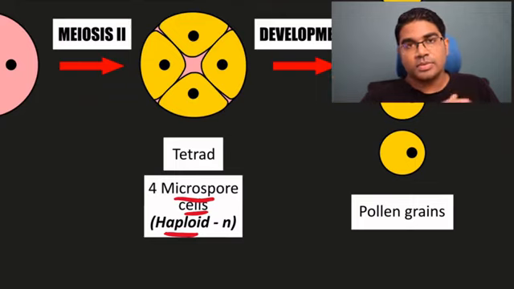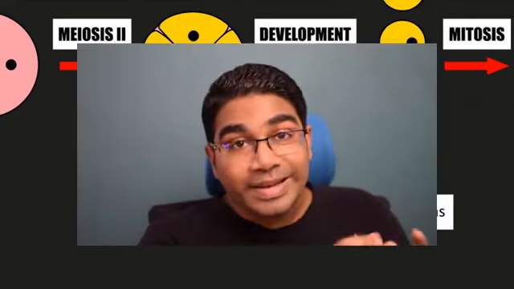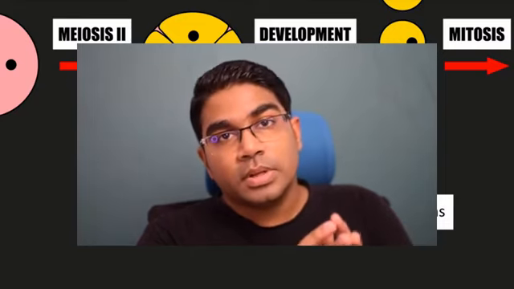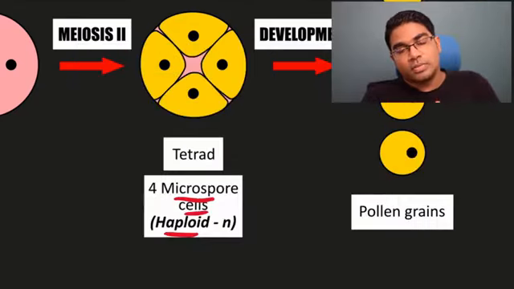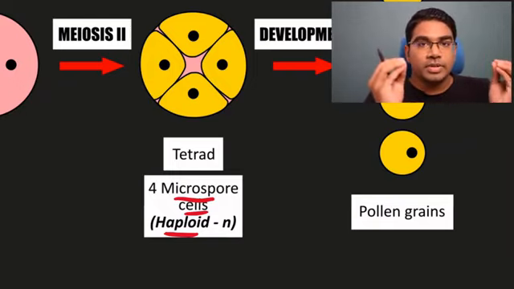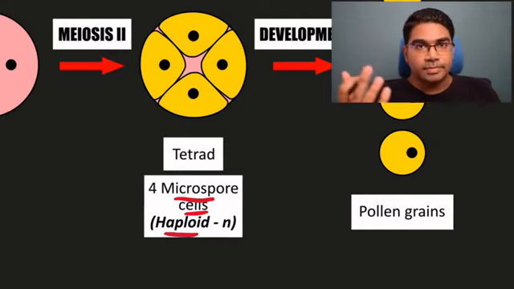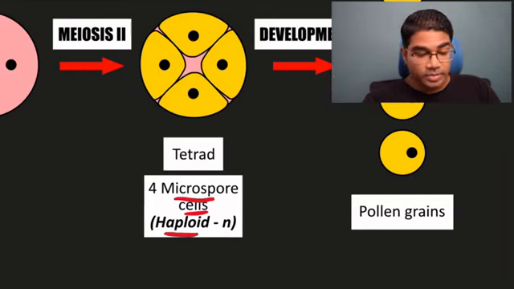The number of chromosomes will be half, and this is crucial because we want to maintain the chromosomal number of the offspring. So we want it to be diploid as well. So we need 2 haploid gametes to fuse. N and N fuse to become 2N again. So the diploid chromosomal number is maintained in the offspring.